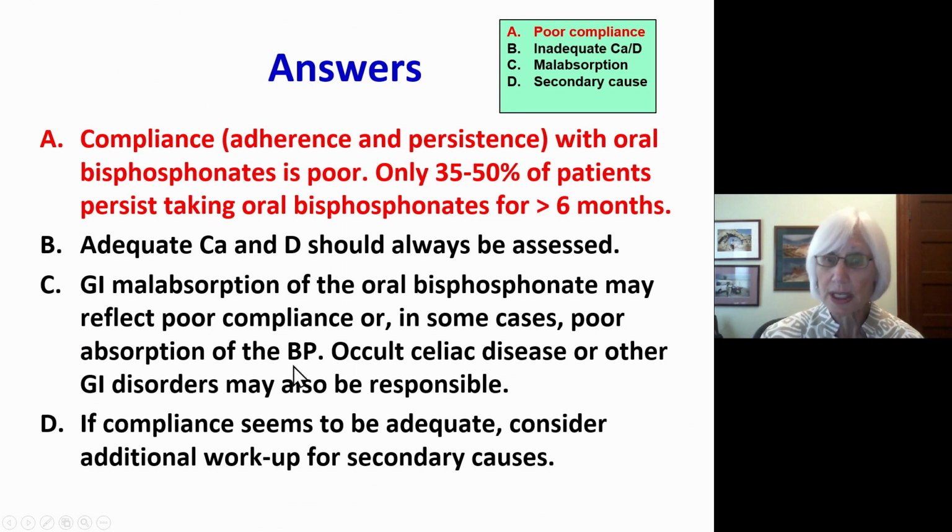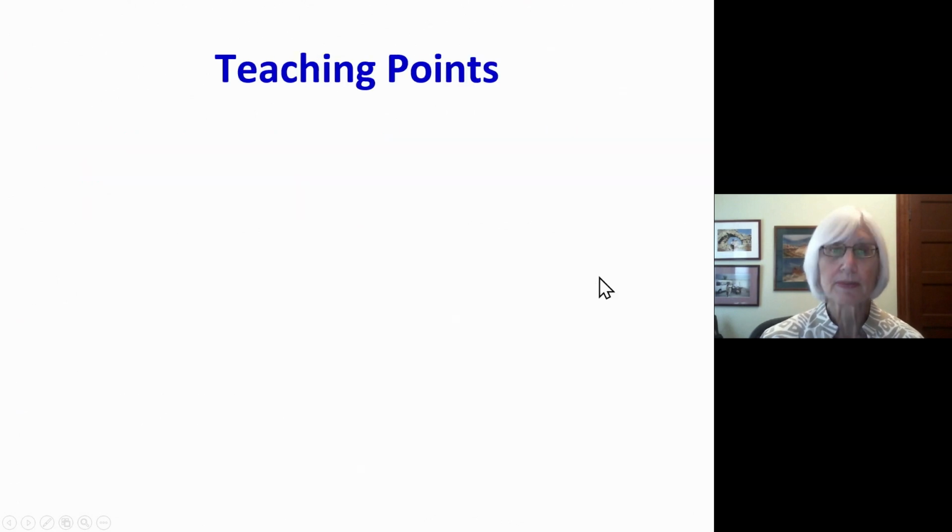So this can also be the case, but compliance is number one. If you really ask the patient how often she is missing doses, how does she take the weekly oral bisphosphonate, and really the compliance seems to be good, then absolutely you should do an additional workup for secondary causes.